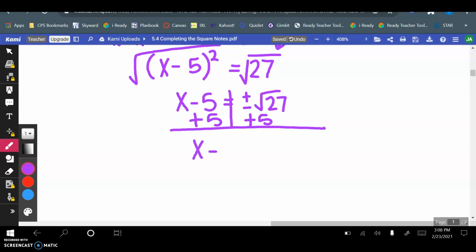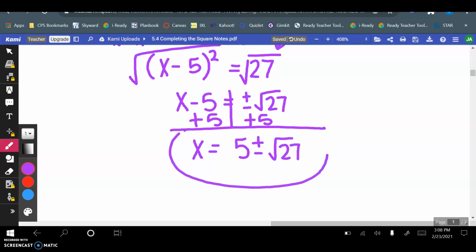So we have x equals, and I always put that number first. I don't put square root of 27 plus 5 because sometimes it looks like that plus 5 is under the radical and we don't want to have that happen. So that 5 is positive, so I'm going to put it out front as a positive 5, and then plus or minus, so positive or negative square root 27. So that covers both of our answers.